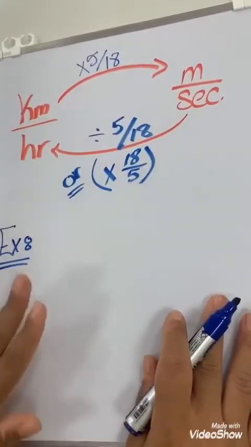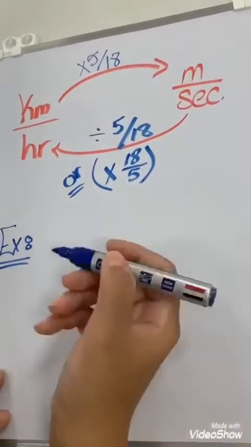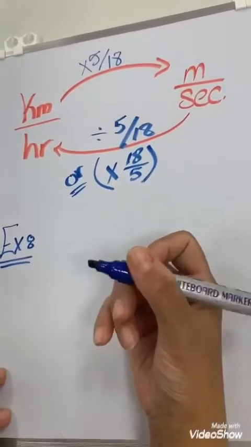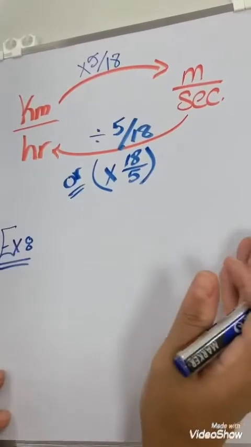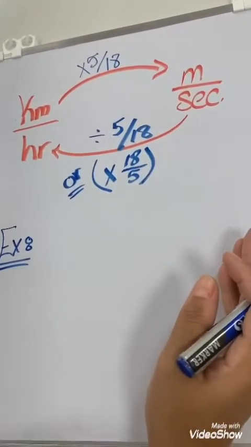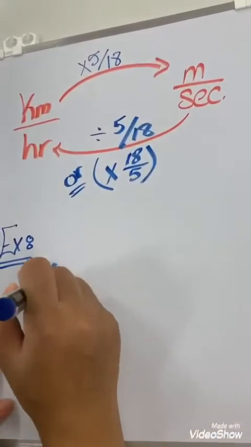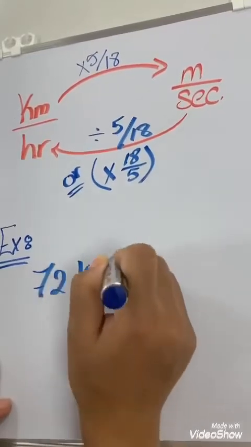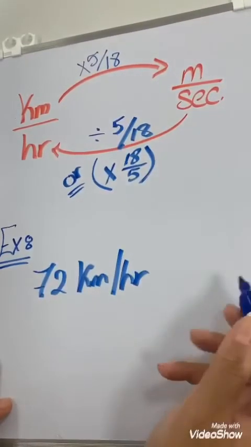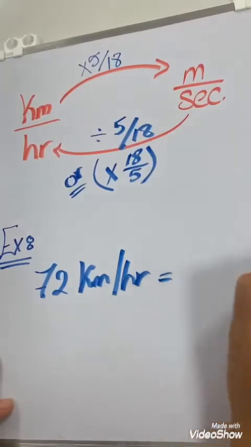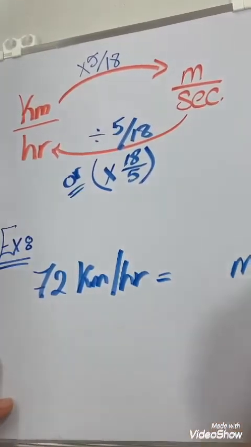Okay, let's take an example on the changing. Maybe it will come in the quiz in multiple choice or complete or so on. 72 kilometer per hour changes to equal how many meter per second?